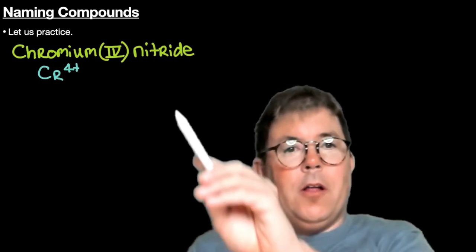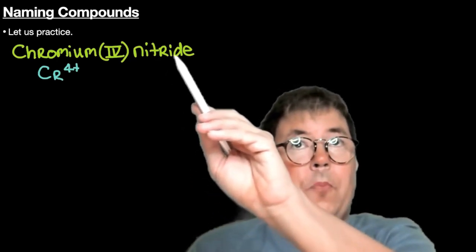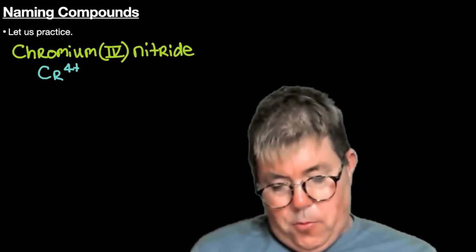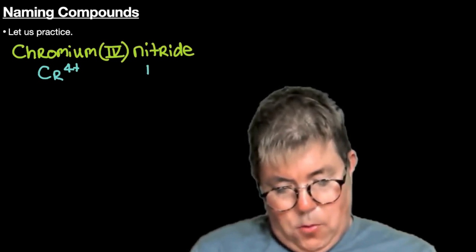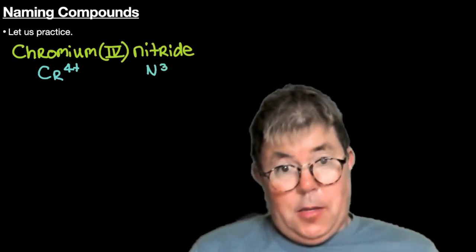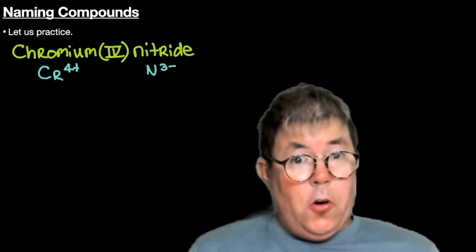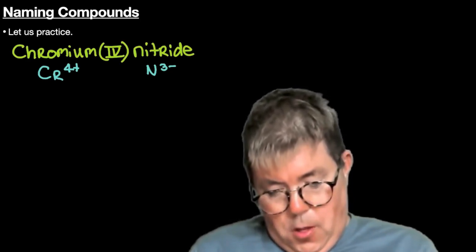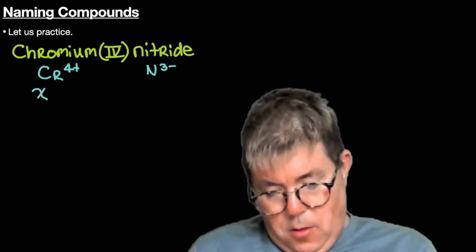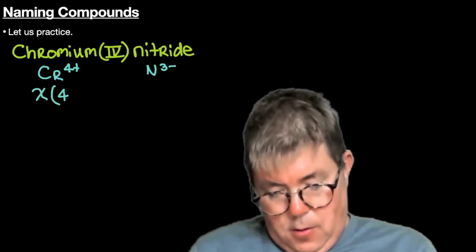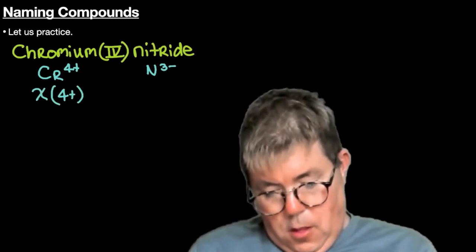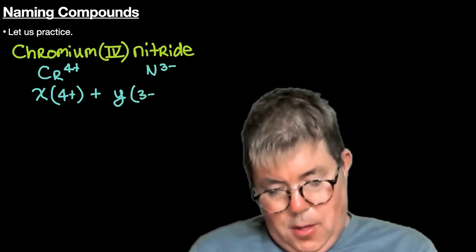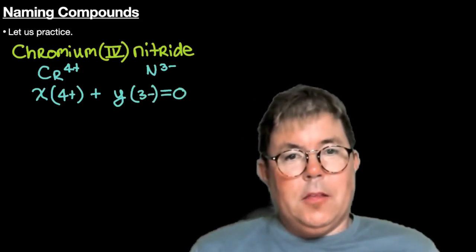And now for nitride, it is in group 5 of the periodic table. You need to commit to memory group 5. It would be N what? 3 minus. So as a review from lecture, all compounds must be neutral. So we have so many chromium 4 plus, so many nitride, which is a 3 minus, must equal 0.